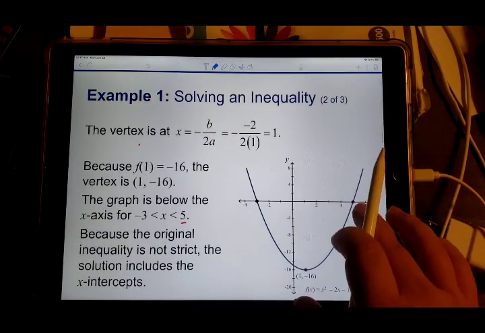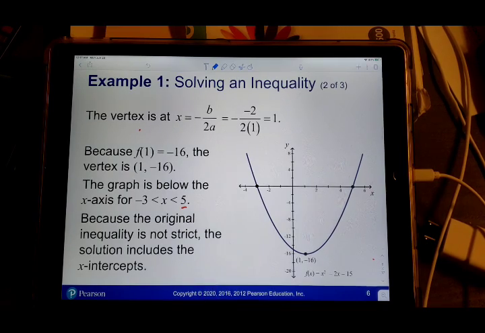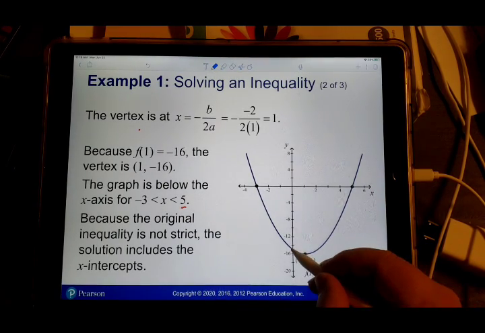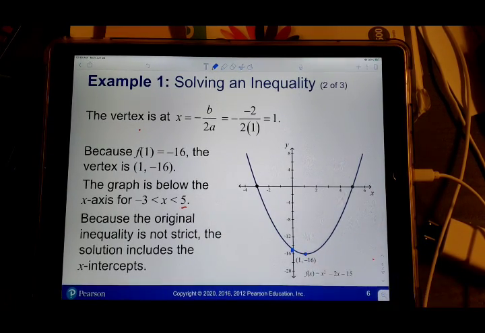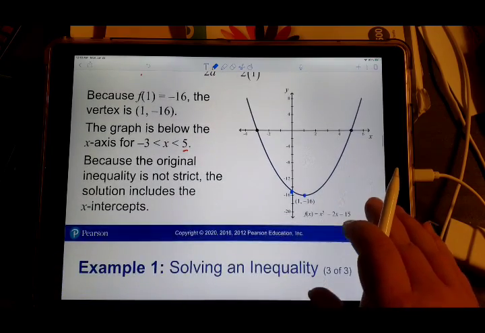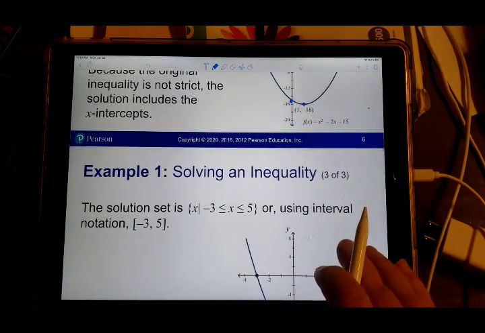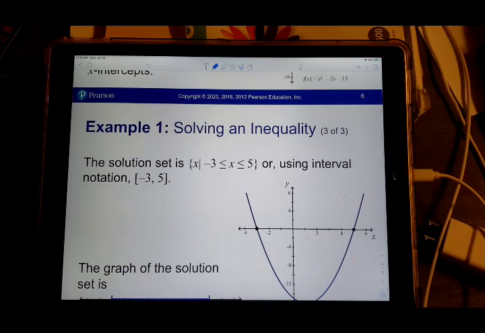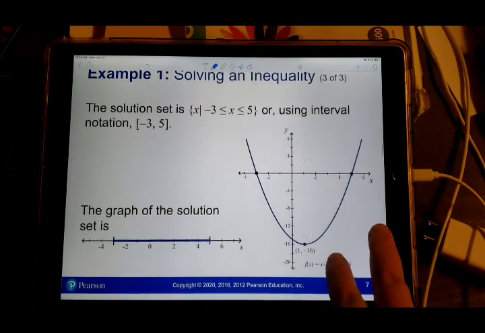Well, let's keep going with the author's presentation. The author even took the extra time to find the vertex to get a really accurate image. Again, you don't need all of this, but that's fine. We know we can do it. All right, let's get to the final answer.